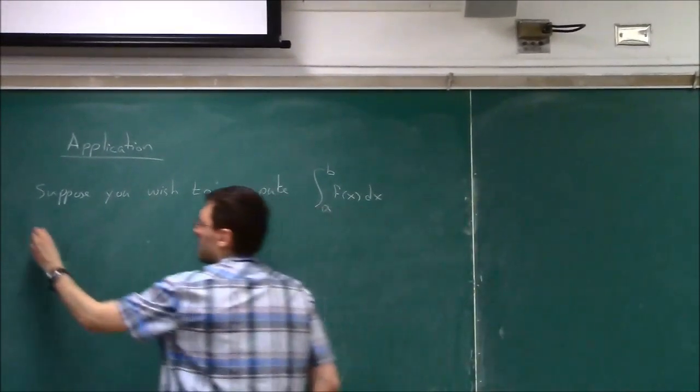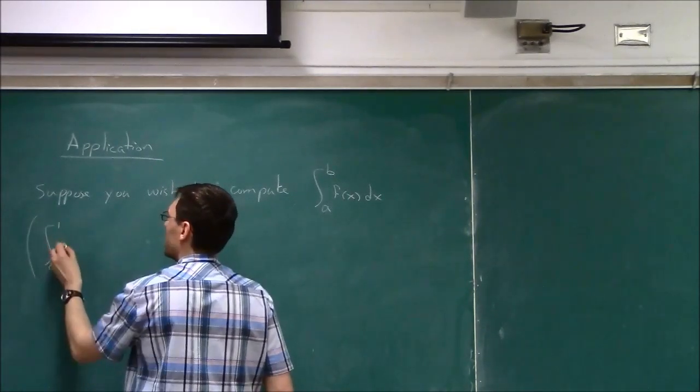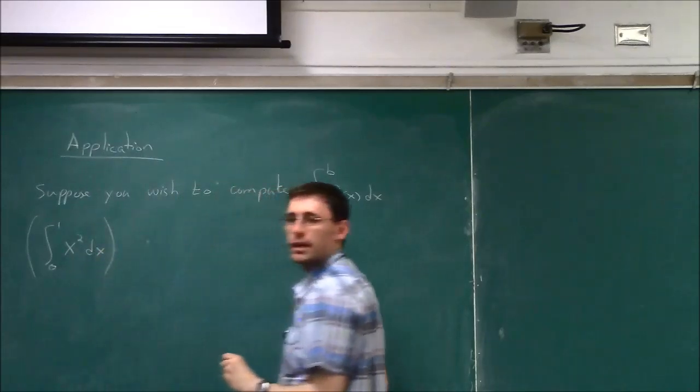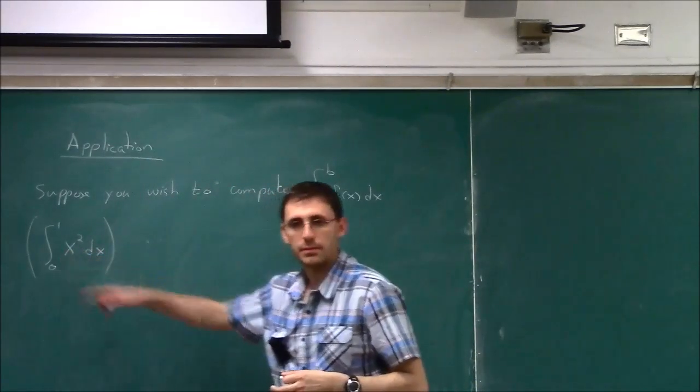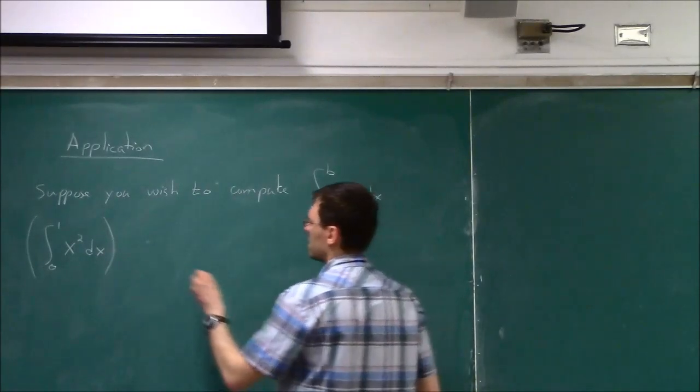If this is abstract, imagine that what you're trying to do is integrate from 0 to 1 of x squared dx. Okay? You can use Riemann sums, but let's see if we can do something better. Suppose you wish to compute this thing.